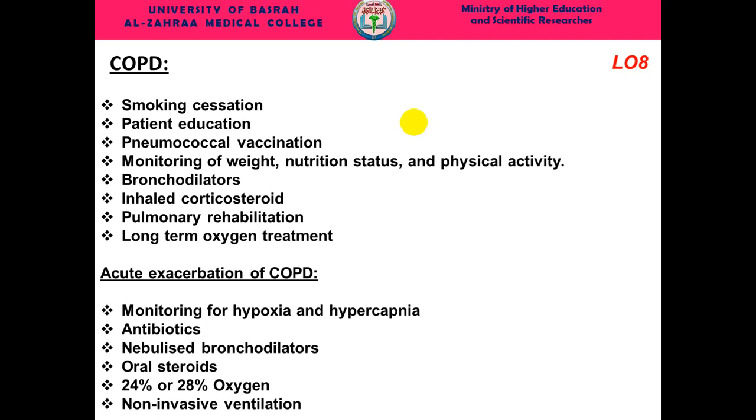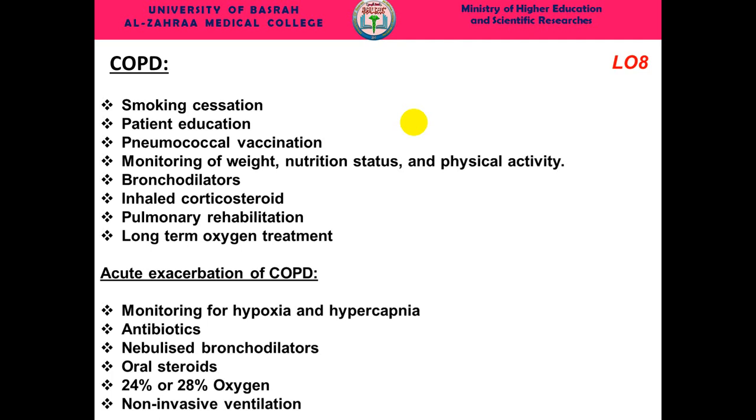They will be unable to exercise, they will lose their physical ability because of shortness of breath, and they will have low fitness, and therefore they will have shortness of breath on minimal exertion, and their condition will get worse. Therefore, physical activity is very important, and monitoring of nutritional status, because usually they are malnourished.